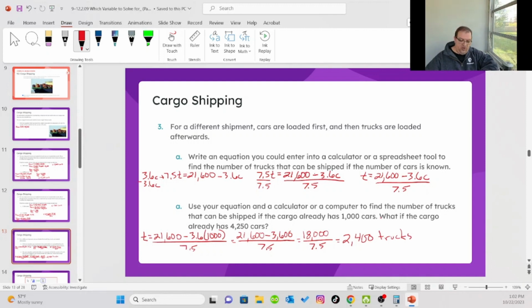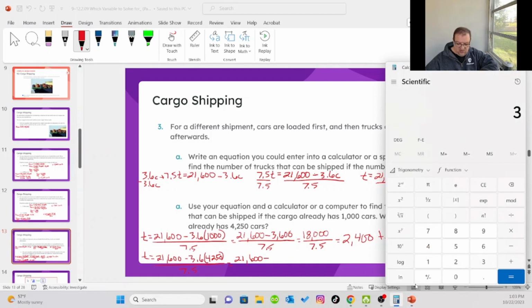If we wanted to know when there were 4,250 cars, same thing, just replace the 1,000 with 4,250. 3.6 times 4,250 equals 15,300.